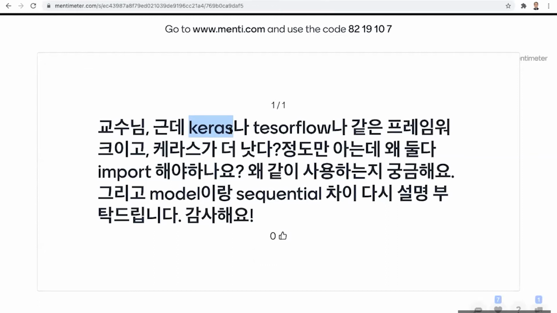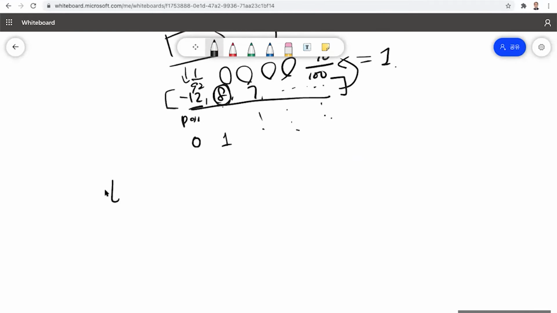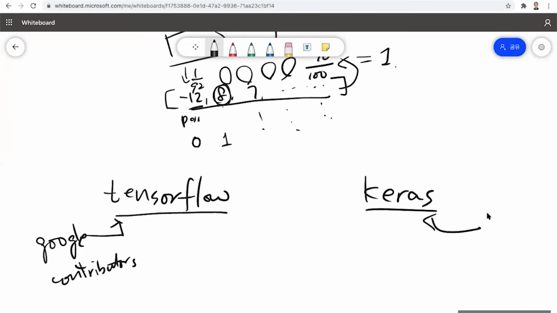Actually, TensorFlow and Keras were originally different things, because TensorFlow was sponsored by Google and lots of other contributors, and Keras was developed by just one person.